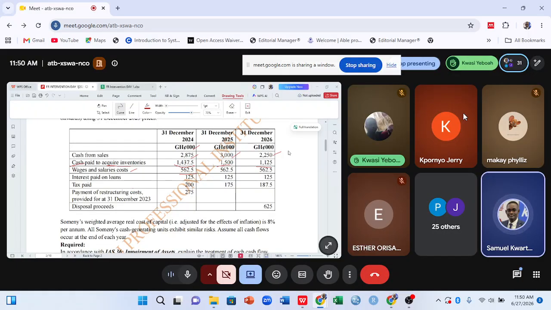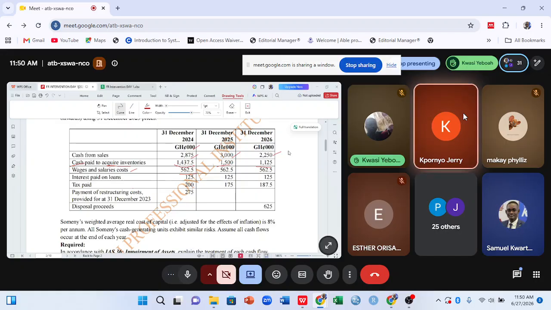We also mentioned cash flows from future restructuring, and quite numerous things that you don't consider when determining the value in use. Interest paid on loans is a financing activity. That's basically finance cost. We don't consider that, it's one of the items excluded when calculating value in use. As I said, you are just following the dictates of the standard in answering the question. Did you get it? Yes, please. Thank you. You're welcome.